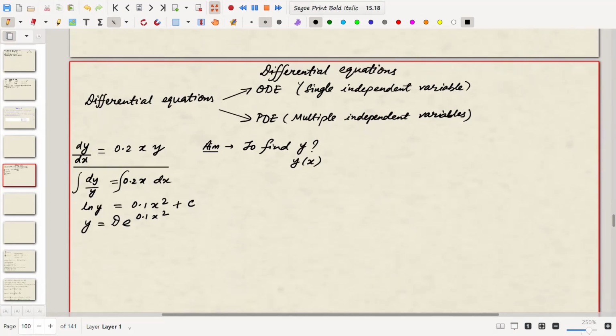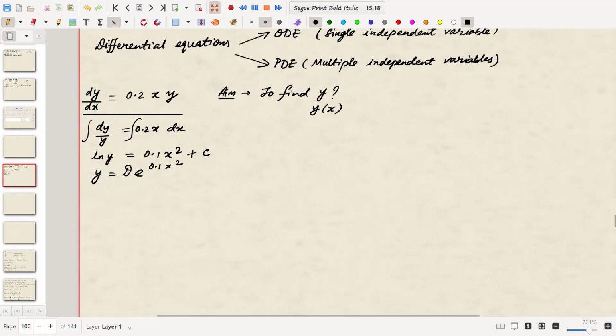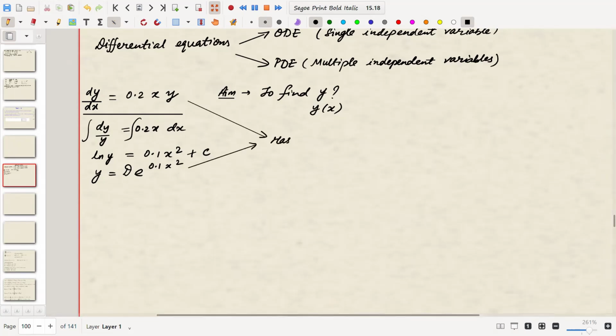So this is the equation, the y value. This is the function y which satisfies the given ODE. Agree? Now, this ODE has infinitely many solutions, isn't it?